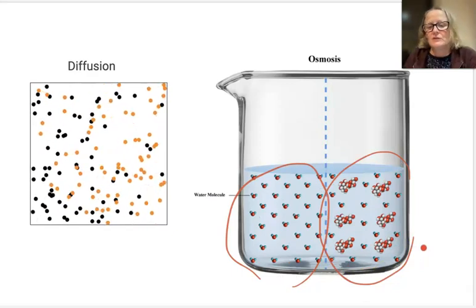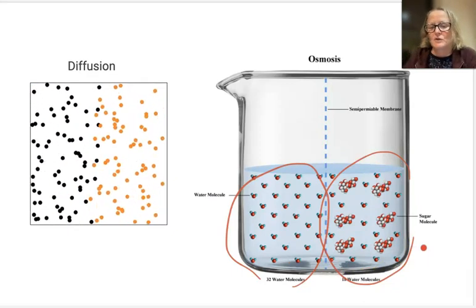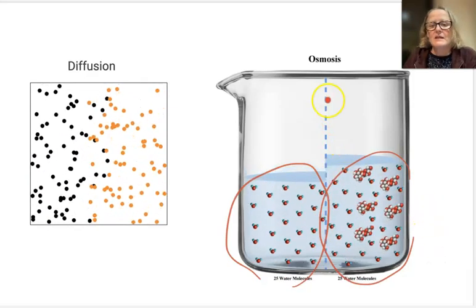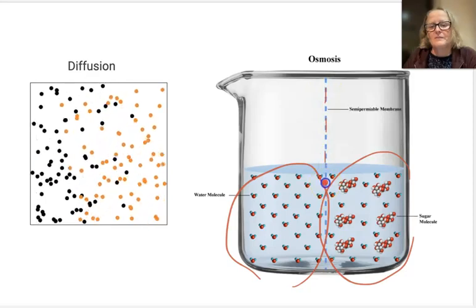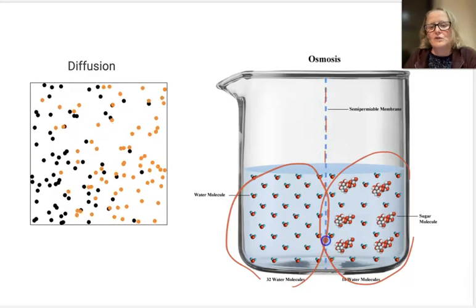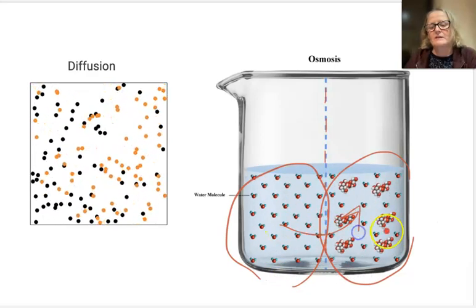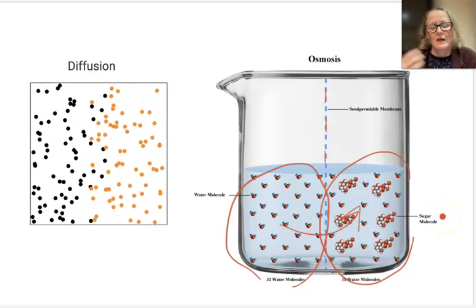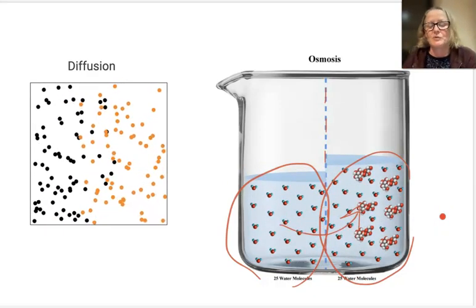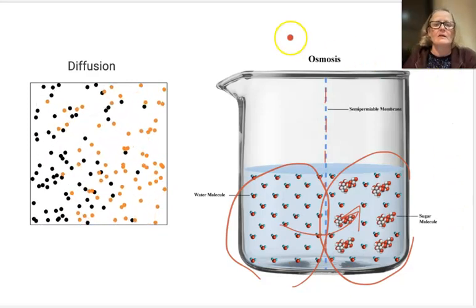So the concentrated solution's got lots of sugar molecules in it, and on the left it's just water. And what you'll see is down the center is a selectively permeable membrane, and the water is moving from the left to the right from a dilute solution into a stronger solution. And you actually see the levels change because there's more liquid now on the right-hand side.